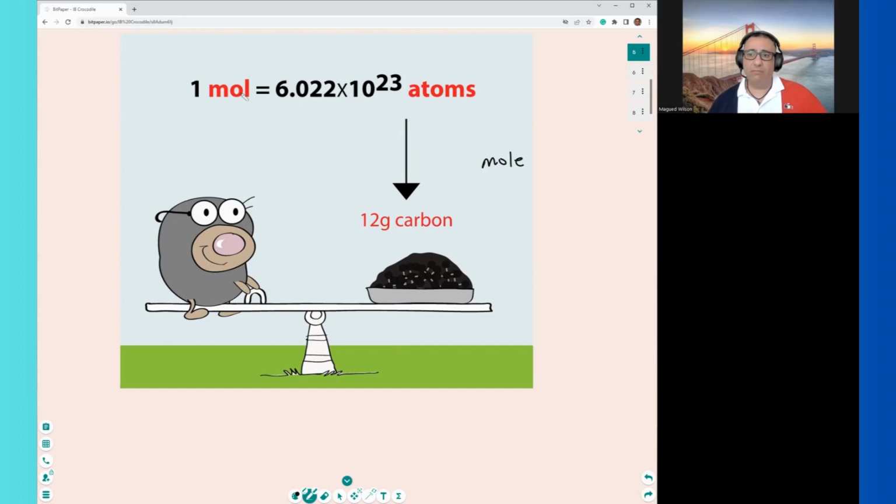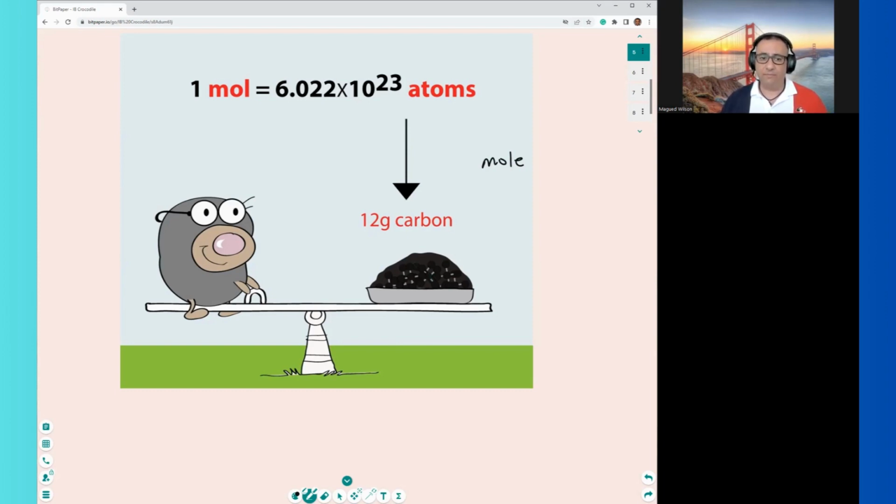So what is a mole? A mole is a quantity of substance in a system that has as many elementary particles as 12 grams of carbon-12 isotope. This is a standard. Carbon-12 is basically the most abundant isotope of carbon in nature.